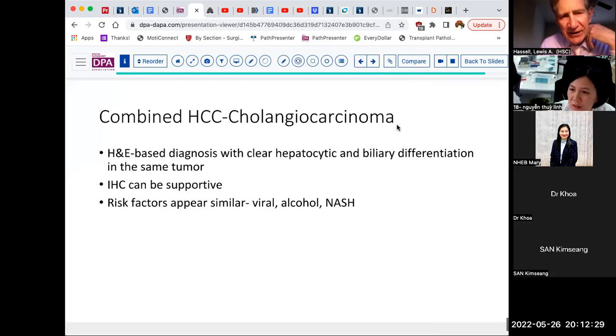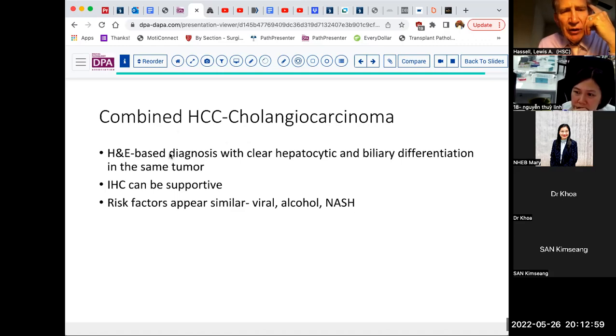bile duct tumors. And we're going to talk first about a sort of a mixed entity that is kind of hard to define, but it's recognized that there are a number of tumors that overlap between hepatocellular carcinoma and cholangiocarcinoma. And so recognizing that there are these combined tumors, this is a brief nod to that.